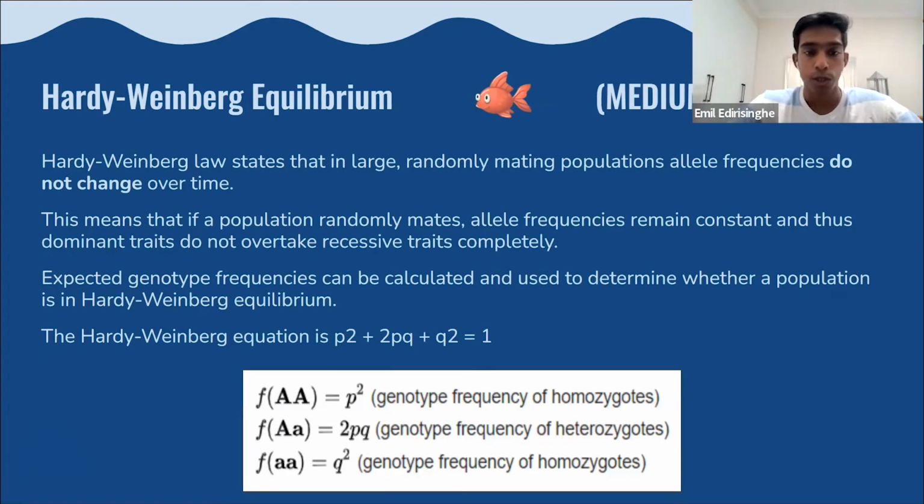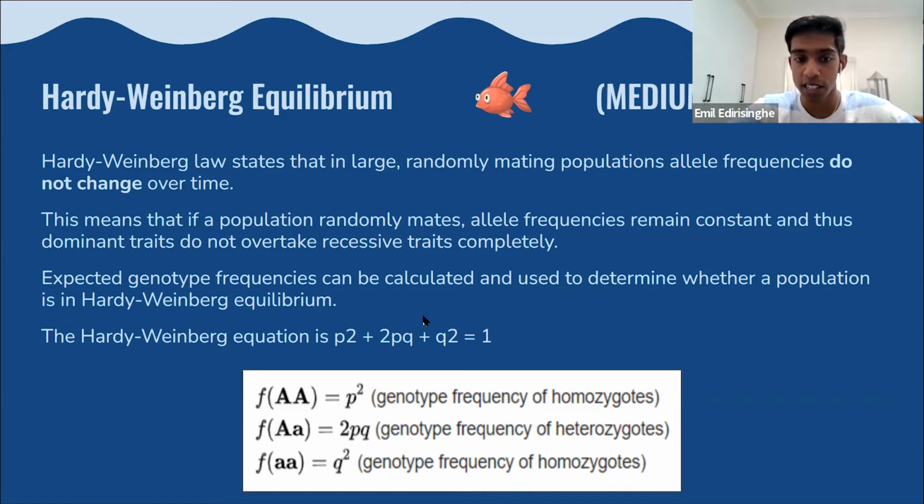Here now, we talk a little bit about the Hardy-Weinberg equilibrium. The Hardy-Weinberg law states that in large randomly mating populations, allele frequency doesn't actually change over time. This is a fairly important concept in that it is describing an ideal population. And this is the reason why dominant traits don't completely overtake recessive alleles, even though they might be dominant.